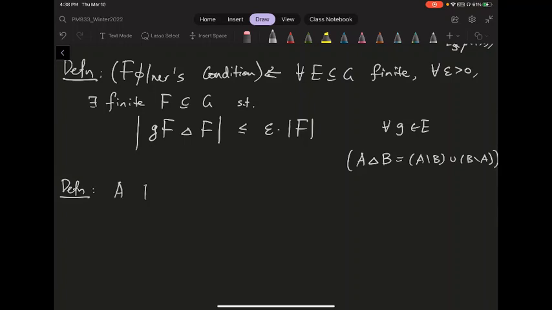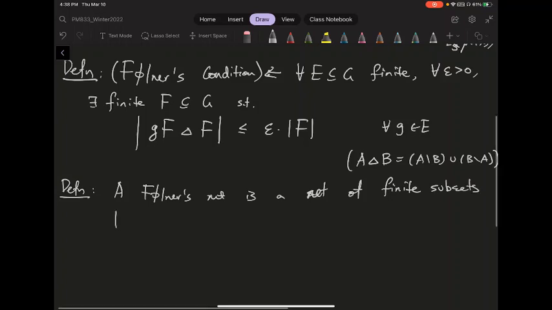A Følner net is basically a sequence, or I should say a net, of finite subsets, let's call them F alpha.